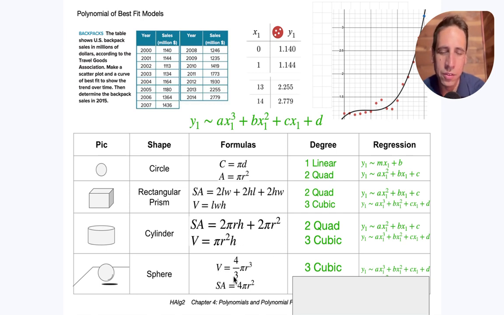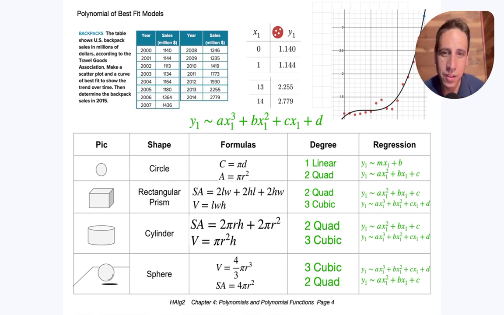Knowing that volume is a three-dimensional phenomenon, you can go right to cubic, but even if you didn't, the formula has an exponent of 3, so the regression would be cubic. And lastly, surface area, same idea, squared to quadratic.